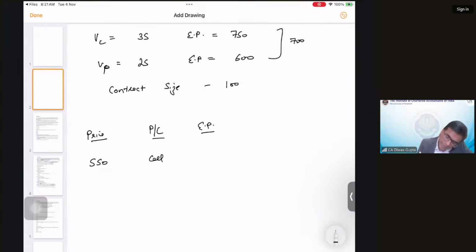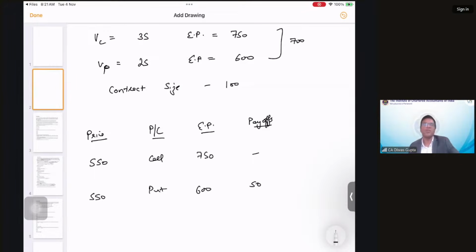The exercise price was 750. Now come on students, tell me, if the call option is there, the exercise price is 750, so the payoff will be nil here, right? And second case is for put option. If the exercise price is 600, in this case 50 rupees will become the payoff. Correct? 50 rupees will become the payoff.